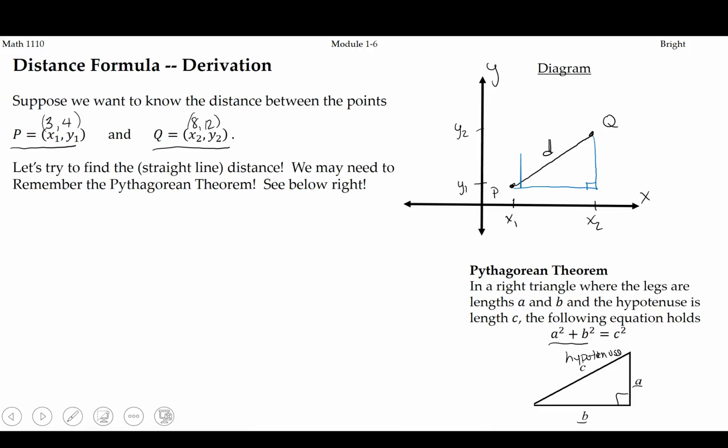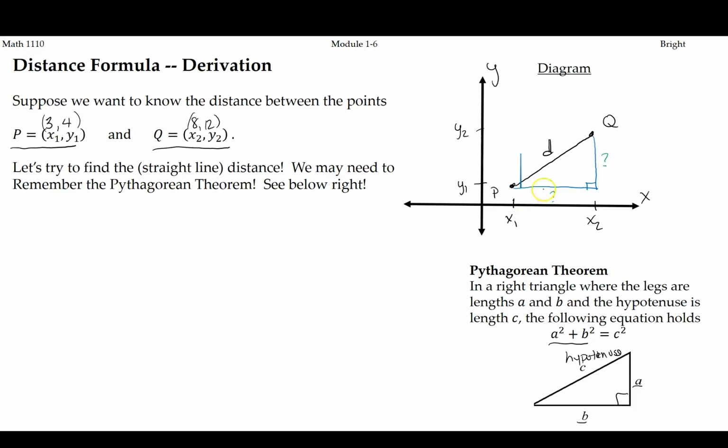Okay, but the question is, how much are each of the legs? How far do I go over here and here? Okay, well, if I think carefully, I can actually find these values out.